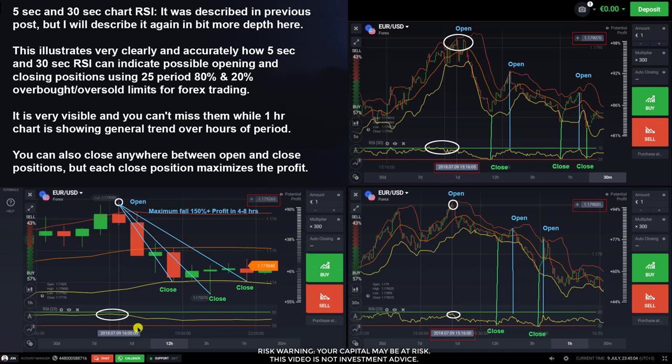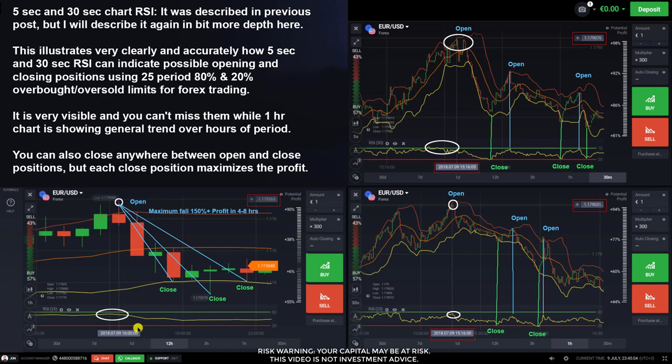It indicates this region. Well, on the 1 hour chart, each candle represents a 1 hour movement, so its RSI doesn't move as fast as on 5 seconds or 30 seconds. So it's more like a region. Of course there's a peak, and in order to find that peak, then use the 5-second and 30-second charts.